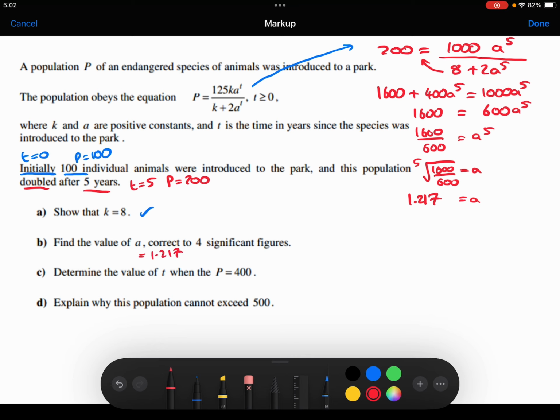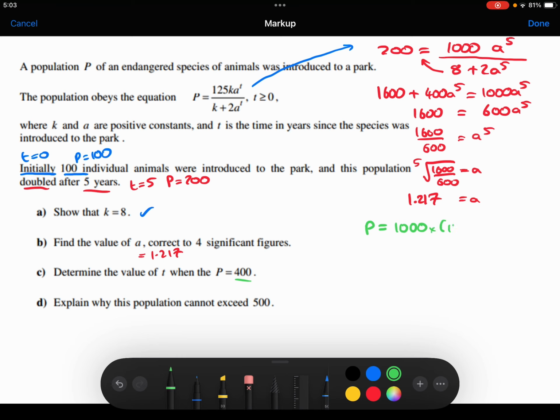Part C of the question says to determine the value of t when P is 400. So, let me just update this equation, because we now know what a is and we now know what k is. So just updating that equation, the 125 times k is 1,000.